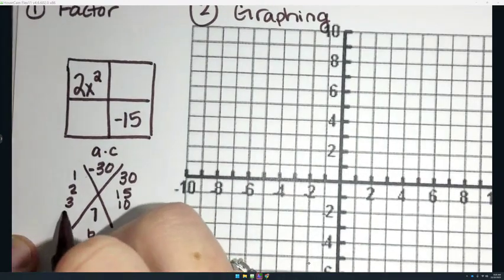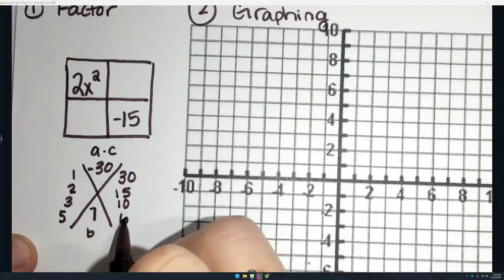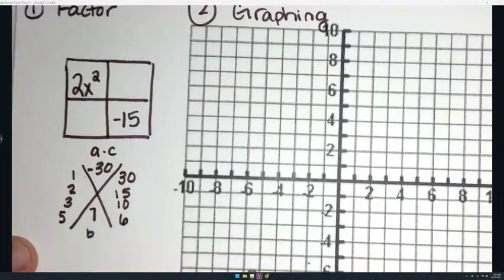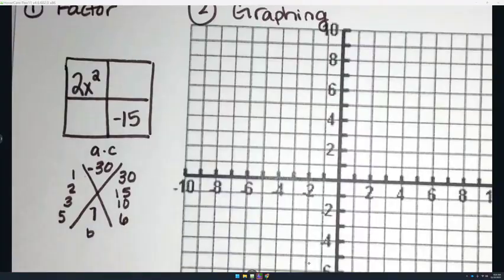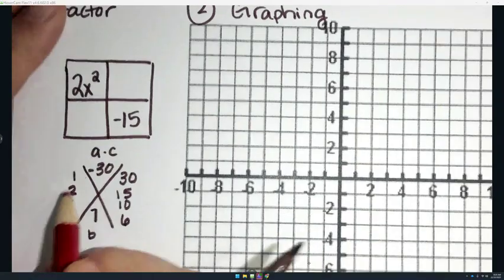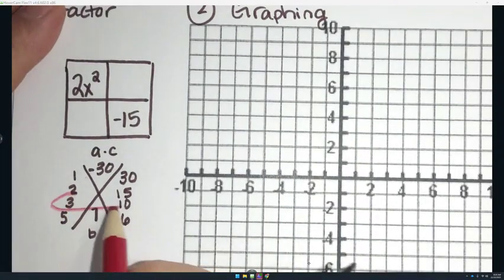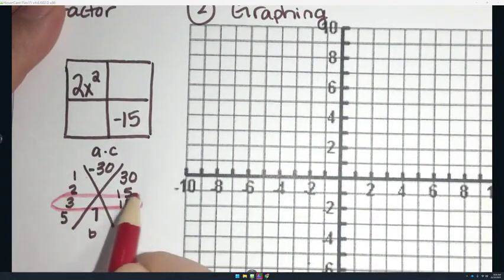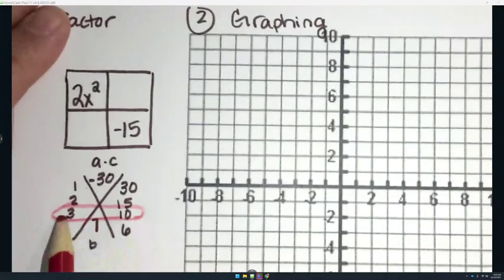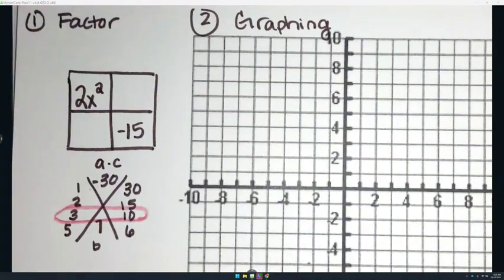We'll just list our last one, which is 5 times 6. Do you see one where I can get a 7 out of it? 3 and 10, okay. But I need to get a positive 7. So is that going to be a negative 3 or a negative 10? Good.